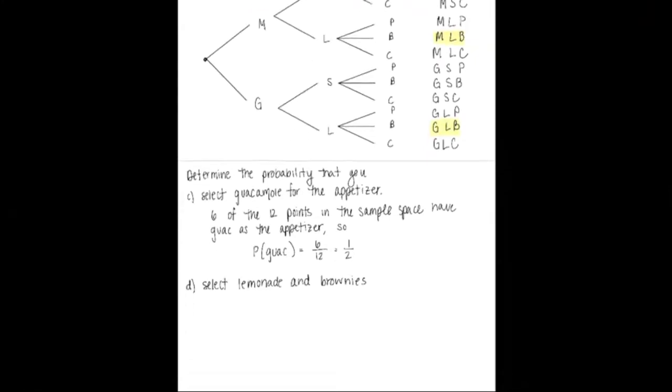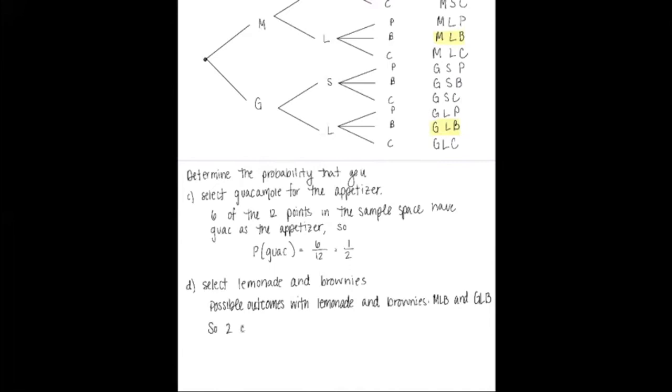So our possible outcomes with lemonade and brownies would be you select mozzarella sticks, lemonade, and brownies, and guac, lemonade, and brownies. So 2 out of 12 points. Okay. Perfect. So what's our probability? 1 over 6.